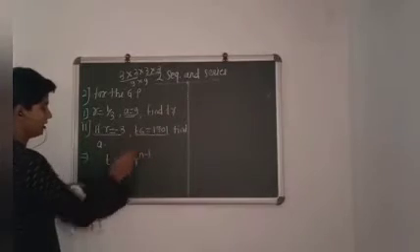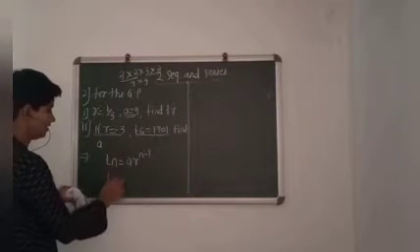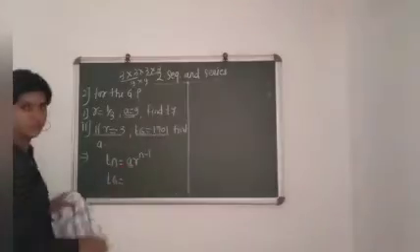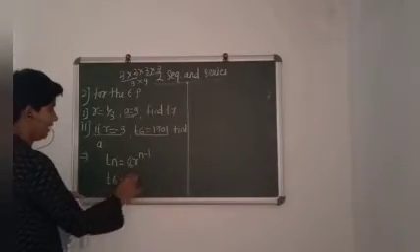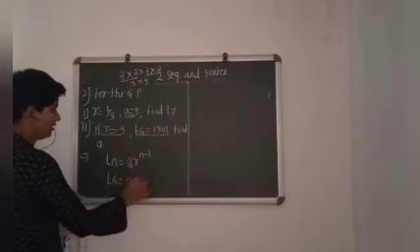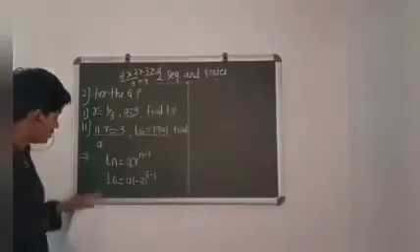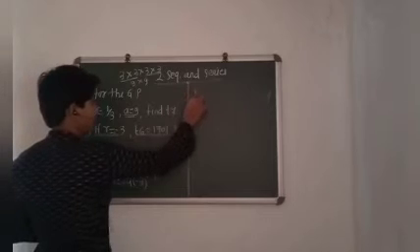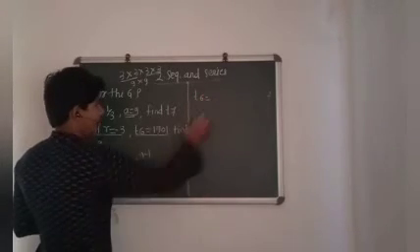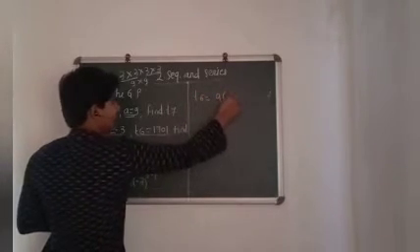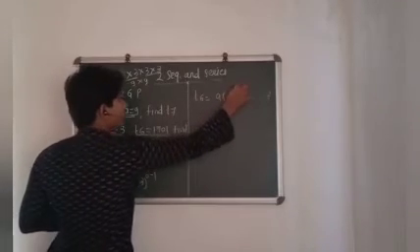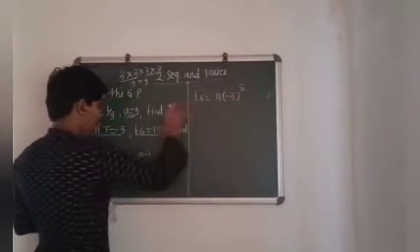Here the 6th term is given, so T6 is equal to A, with R as minus 3, raised to n minus 1, that is 6 minus 1. So T6 is equal to A into minus 3 raised to 5, and the value of T6 is given.